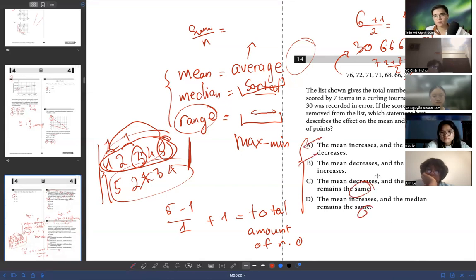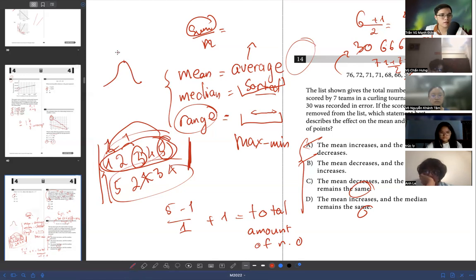And how about the mean? Because you're taking out the smallest number, right? You take out the smallest number, the mean increases, the average increases. But if you take out the largest number, the mean decreases. Do you get what I mean? Because the average is basically the sum of every single number divided by n. So it's the average of the numbers of the list.